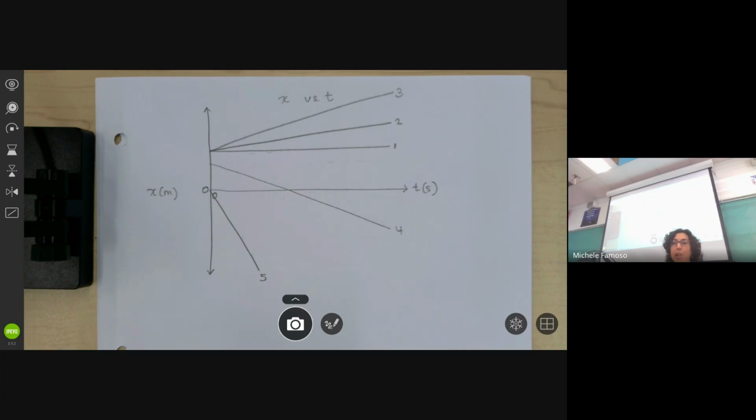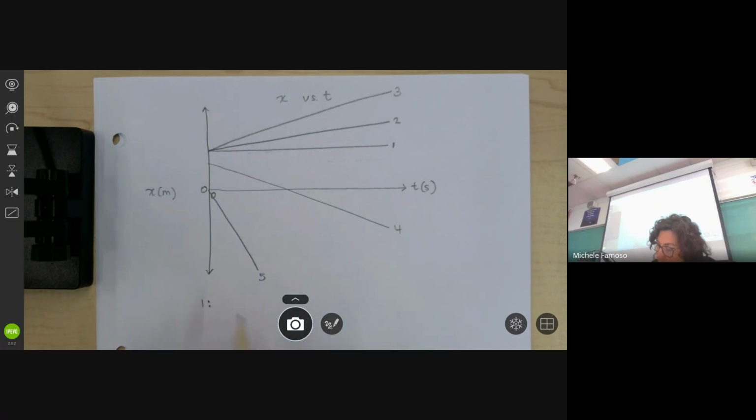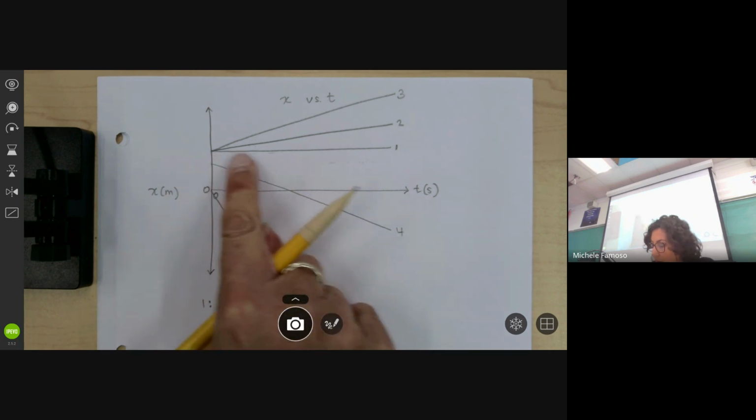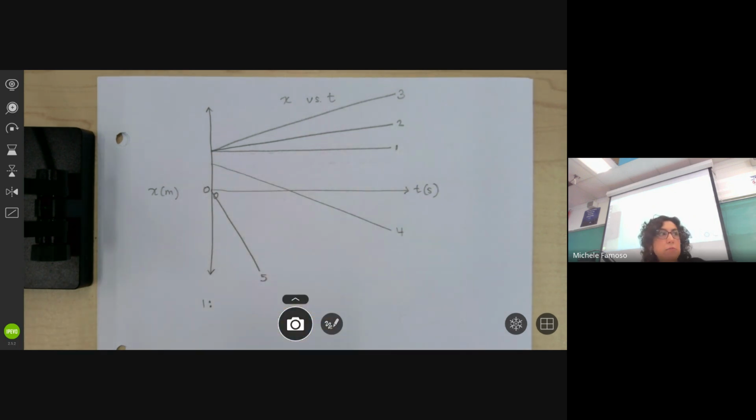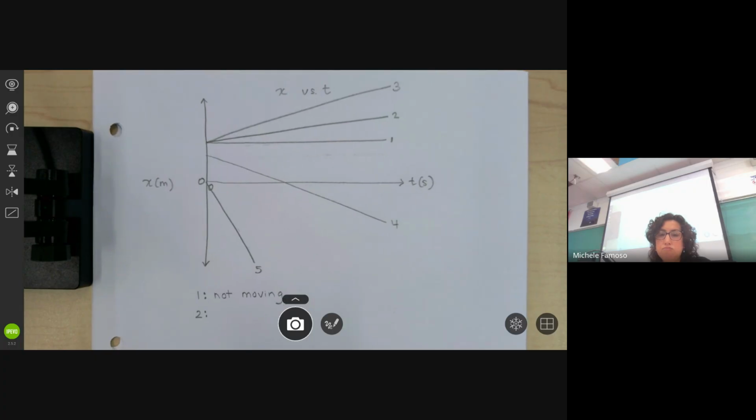So let's start with line 1. Can you tell me what the object that created line 1 is doing? It's not moving. Okay, line 2. Can you tell me something about how object 2 was moving?